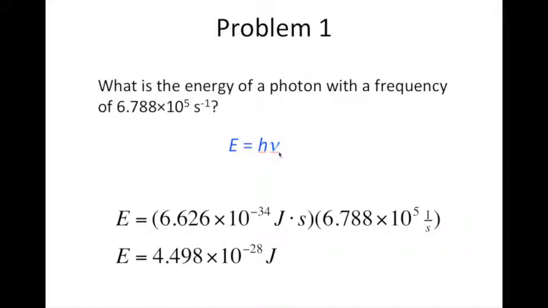So we could solve for the energy by multiplying Planck's constant times the frequency, and we get 4.498 times 10 to the minus 28 joules. Our units of seconds will cancel, and we have, of course, 1, 2, 3, 4 significant figures. So remember your sig figs and your units.